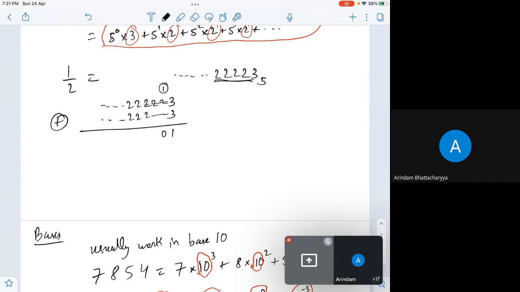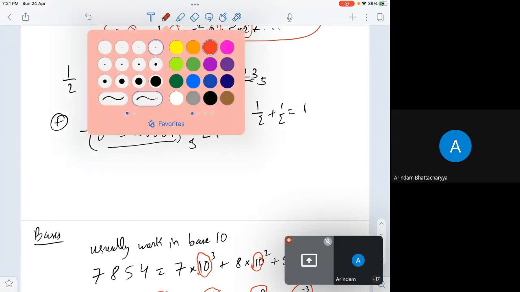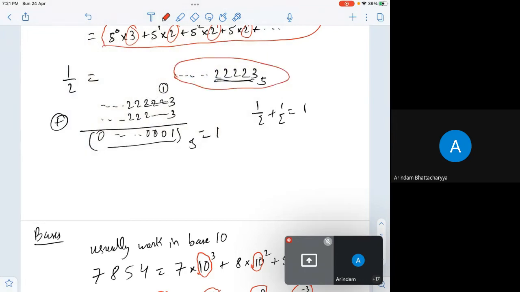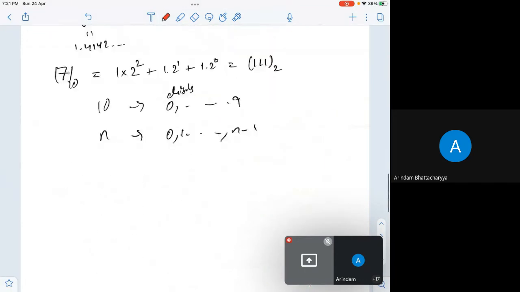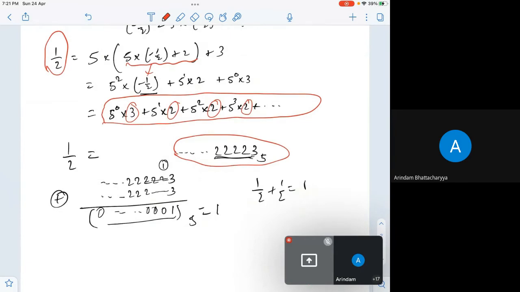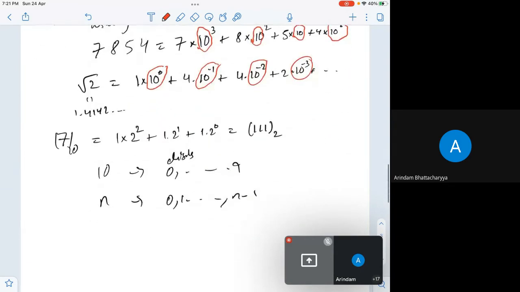Again, 1 plus 2 plus 2 is 0, 0. So somehow we get that half plus half is 1. Well, things work out nicely enough even though we are working with infinite things. Okay. What else can we do?